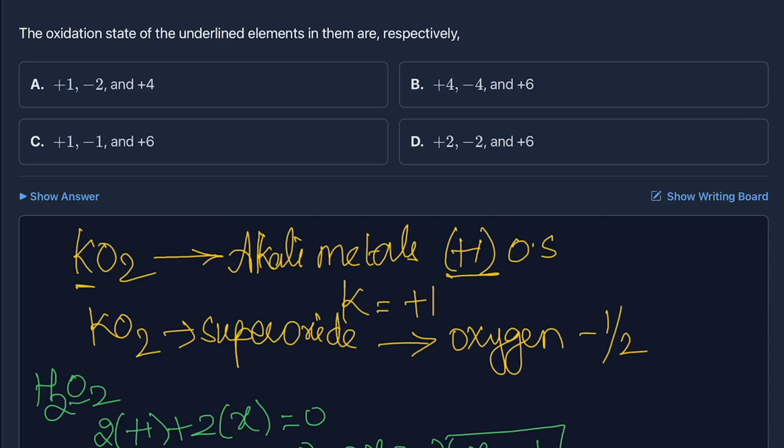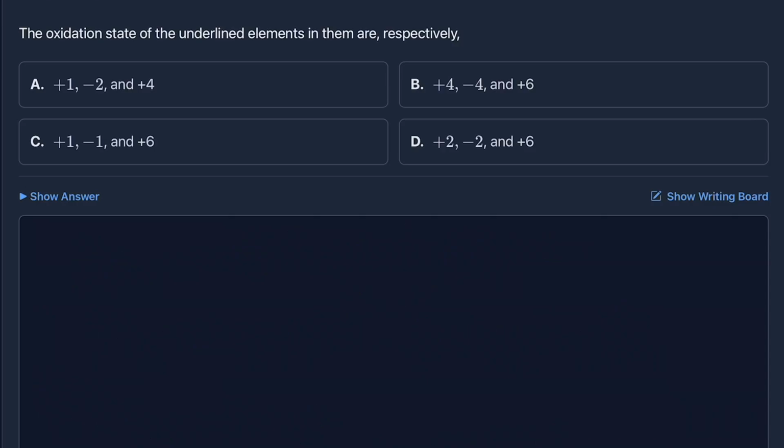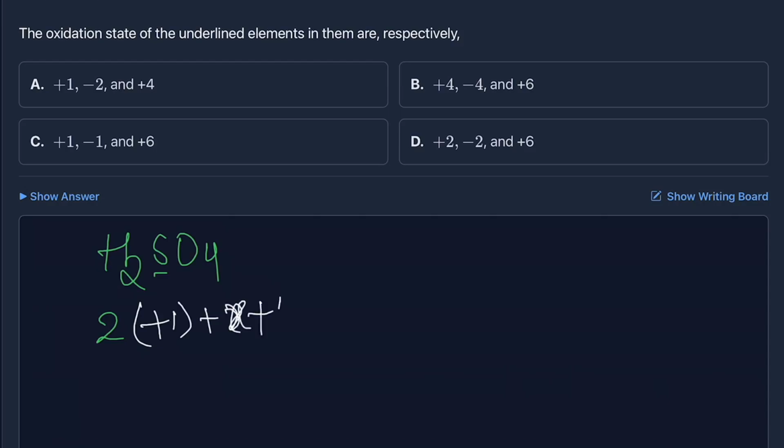Next, we have to find the oxidation state of sulfur in H2SO4. How many hydrogens are there? Two hydrogens, each +1, plus sulfur x, plus 4 into -2 equals 0.